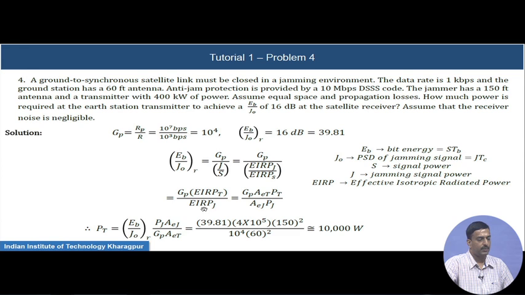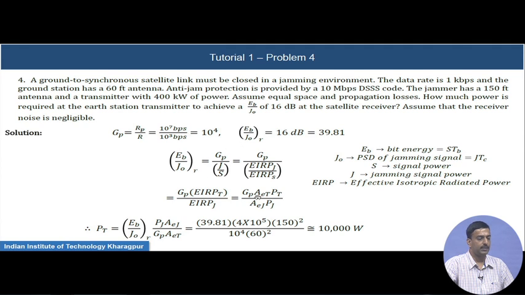So, as we can see, we are already given EB by J naught, which is 39.81, and the rest of the parameters are all known except PT, which is basically the transmitted power which we are seeking to calculate.